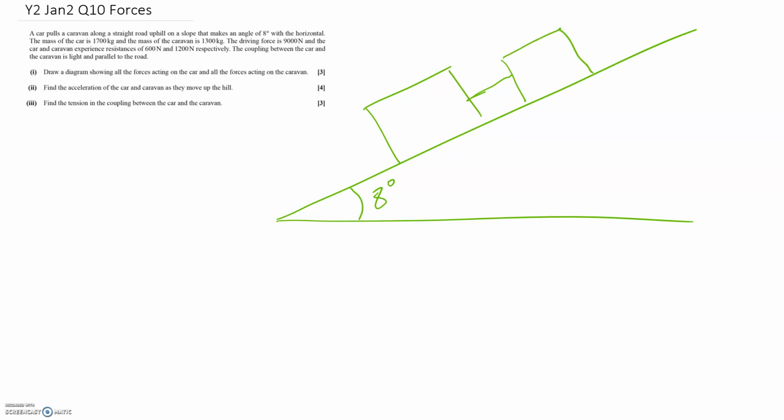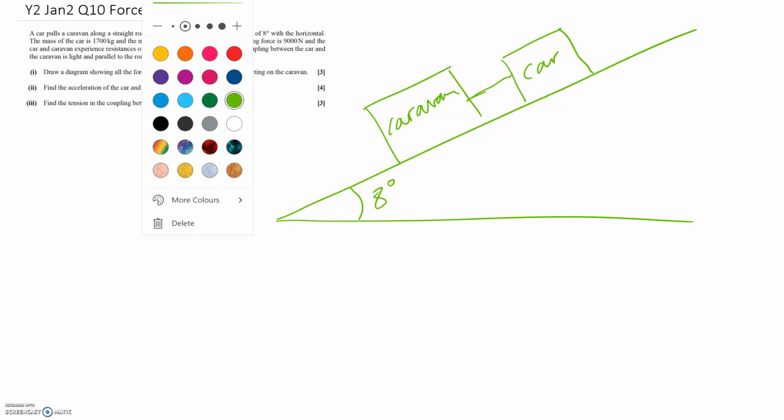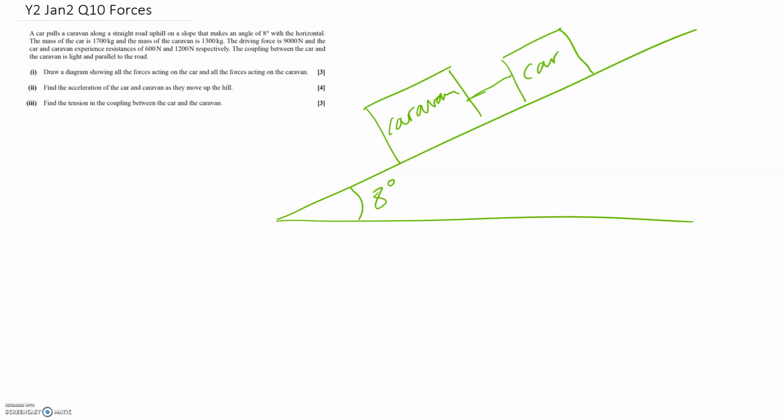This is the car, caravan, and car. And if we mark in all the forces, then let's do that in red. The car has a weight of 1,700 kilograms.